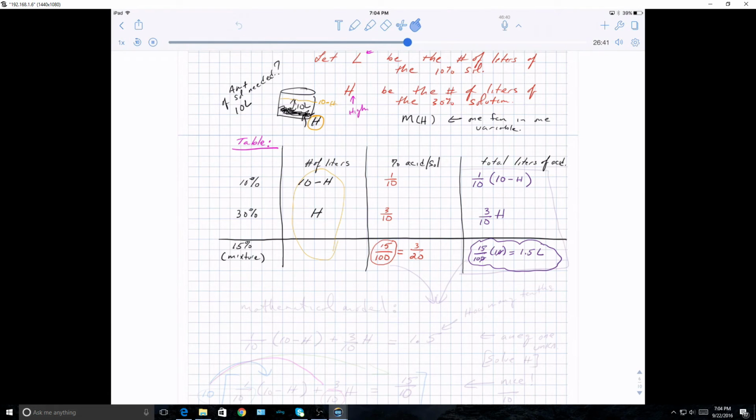So because we now know how much of a total amount of the mixture we're going to need of the 30 and the 10 at the 15% level, we can now express the model using the very last column. So what is the mathematical model?